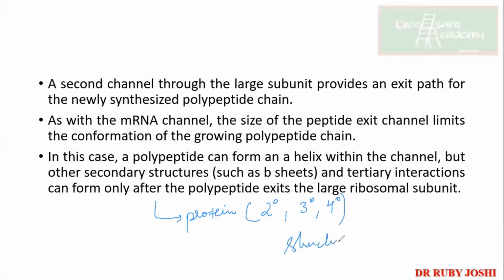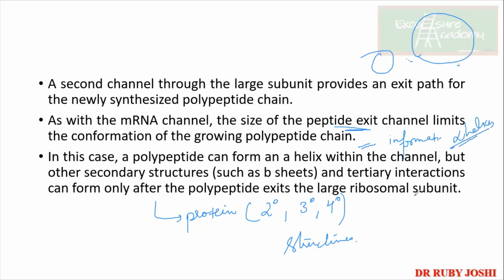Okay. Now, what it is saying is that in contrast to the mRNA entry channel, the exit channel of the peptide chain is wider, more wider. Okay, अगर mRNA का इतना है तो polypeptide chain का इतना ज़्यादा है. Why? Because there are chances that the polypeptide chain is carrying the information for forming alpha helices.